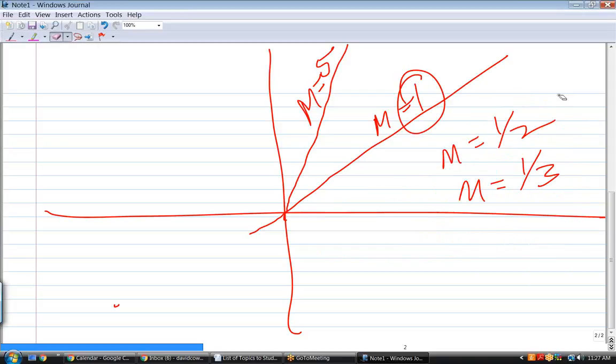Let's go the other direction. What's the slope of this line? Give me a guess. First of all, let me say something. Slopes are not x equals or y equals.